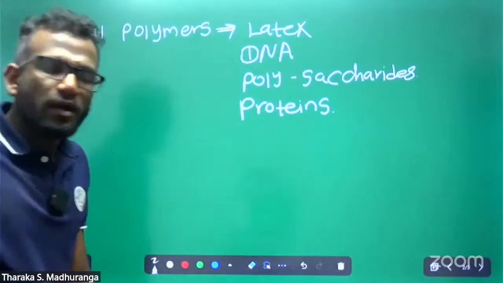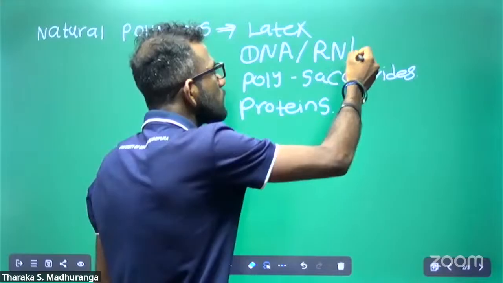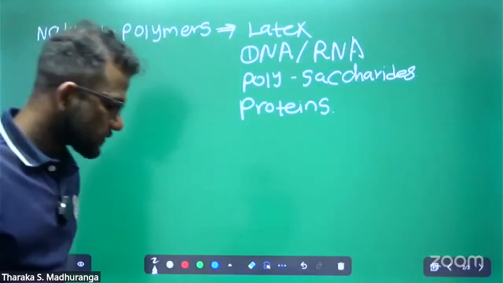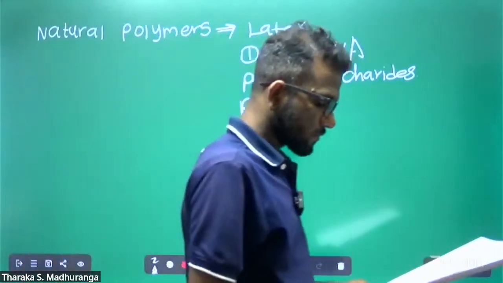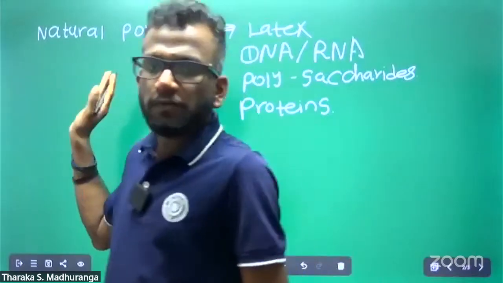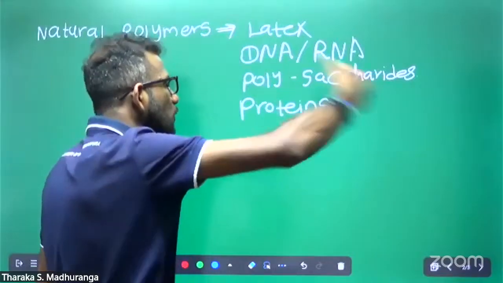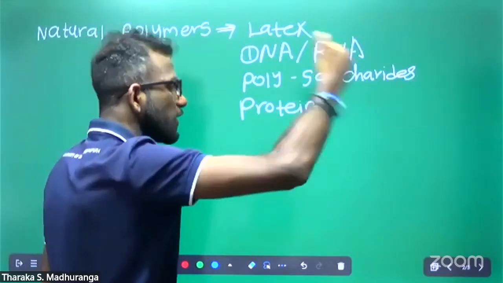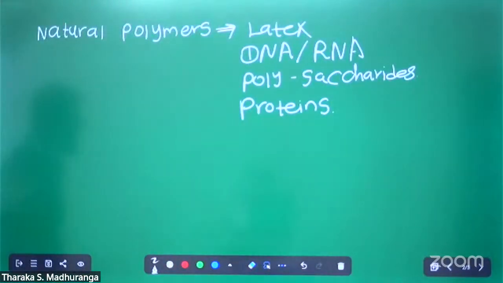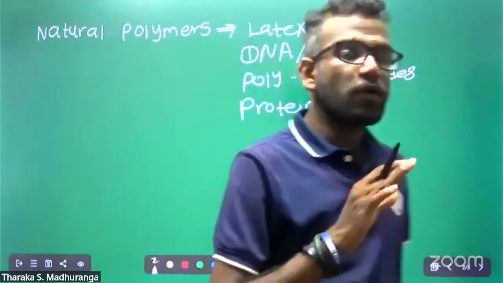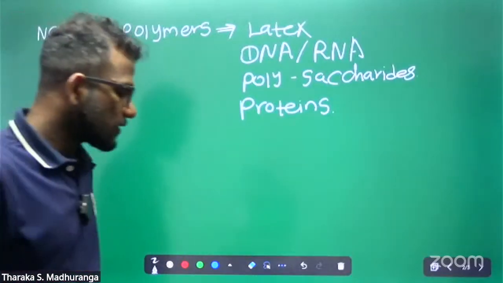DNA and RNA are also types of polymer. They are the main types of natural polymers. You can remember easily: every polysaccharide, every protein, DNA and RNA, every nucleic acid, and rubber latex. They are the natural polymers most available on our earth.